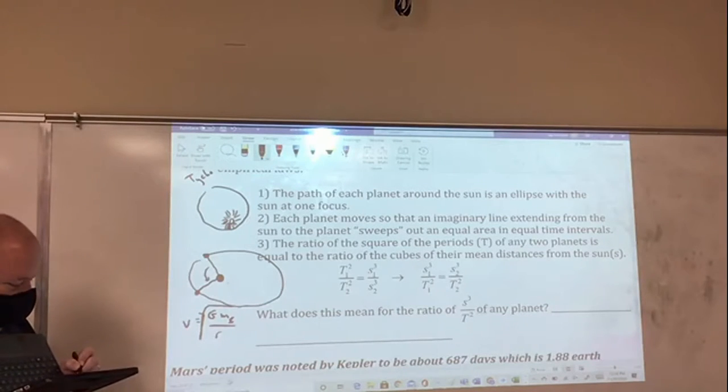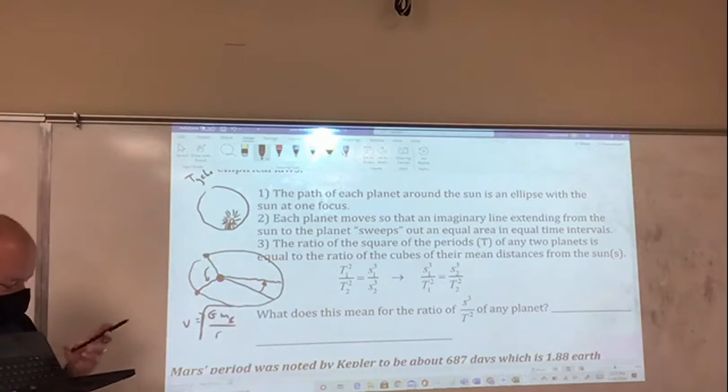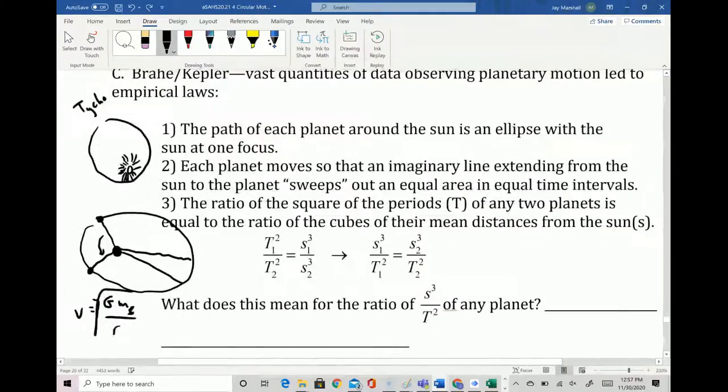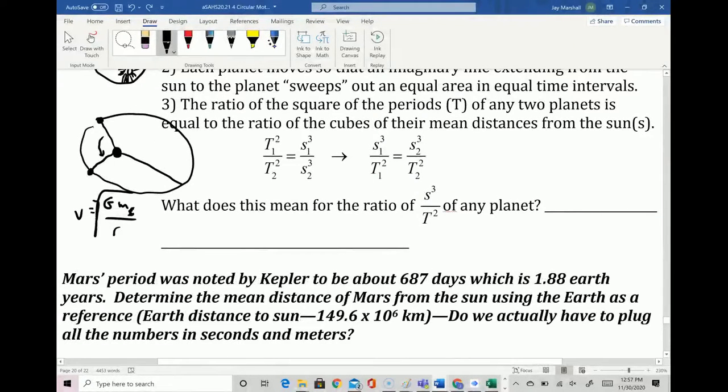If I go somewhere else in the orbit and a month passed, the area of this segment has to be the same as the area of this segment. Okay, so the area of this has to be the same as the area of this. And in fact, I might even need to make that a little bit less, huh? So let's make it like that.